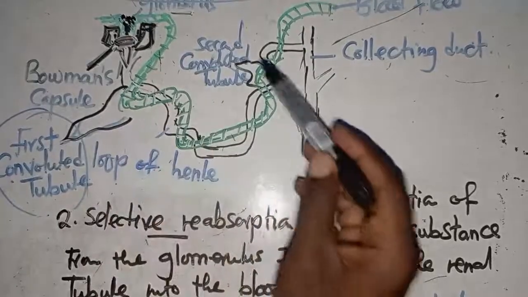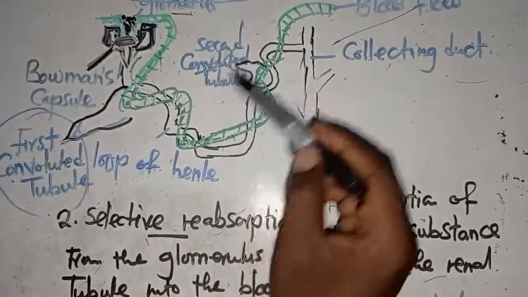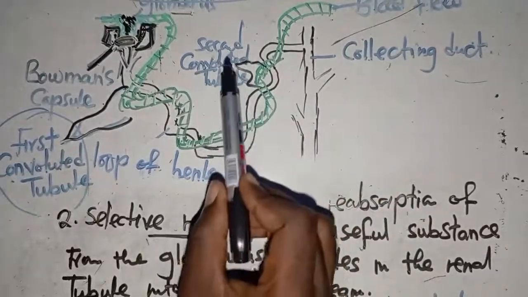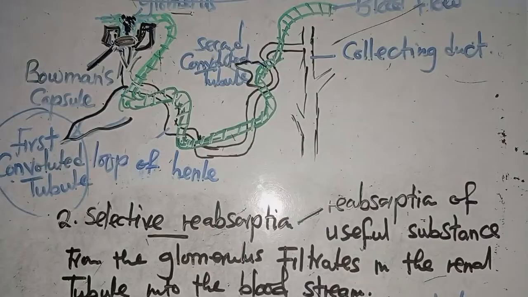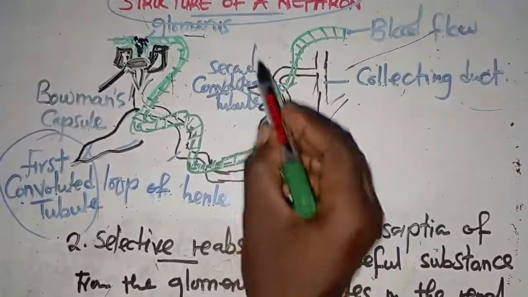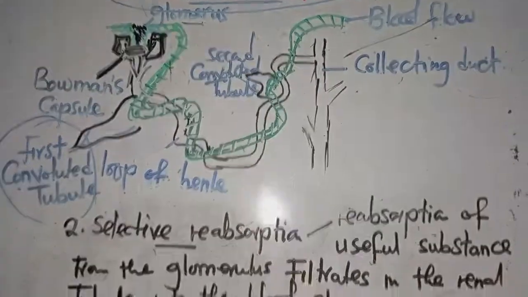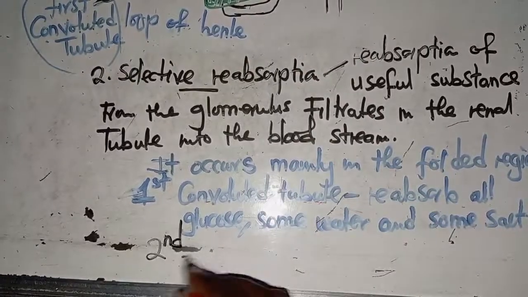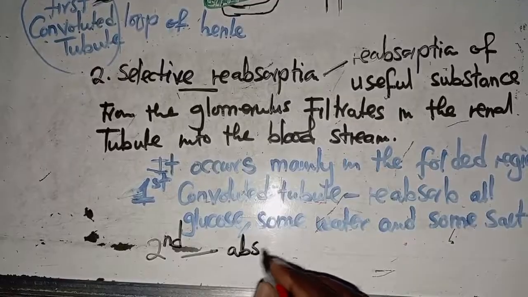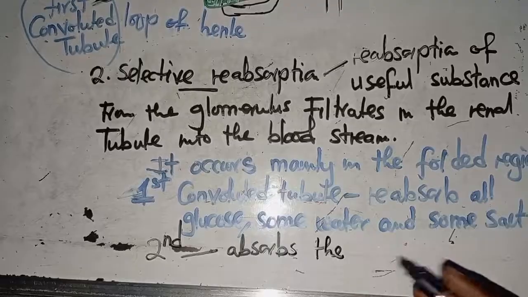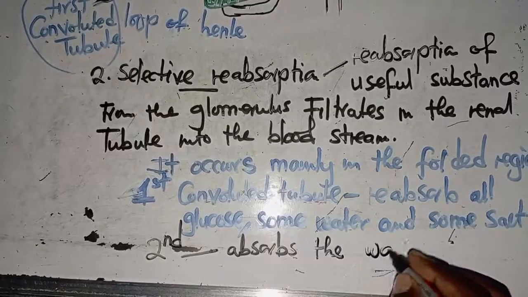But when you go to the second convoluted tubule, you need to understand that here we just get to absorb salt and water. So at the second convoluted tubule, we absorb just the water and salt.